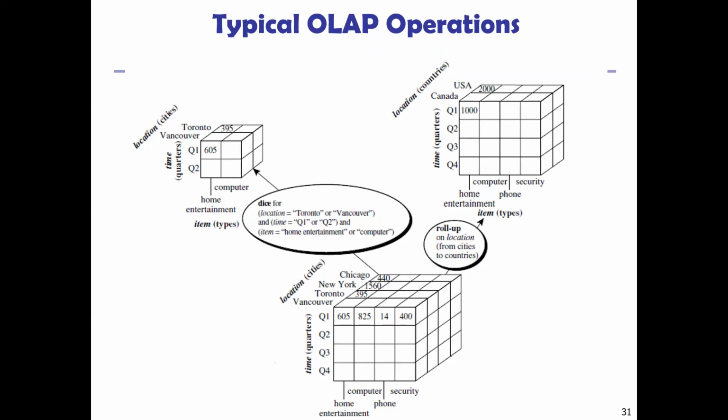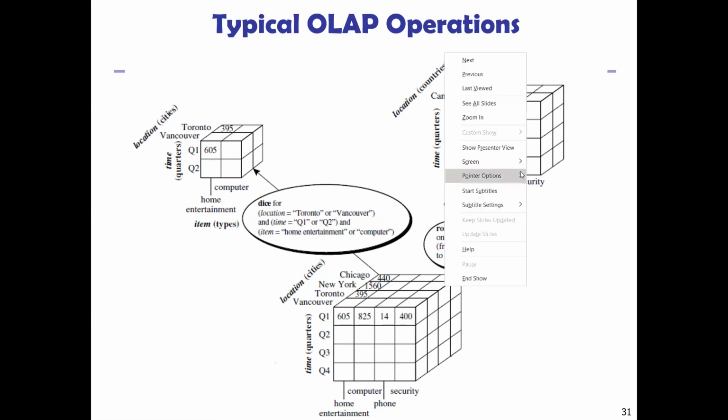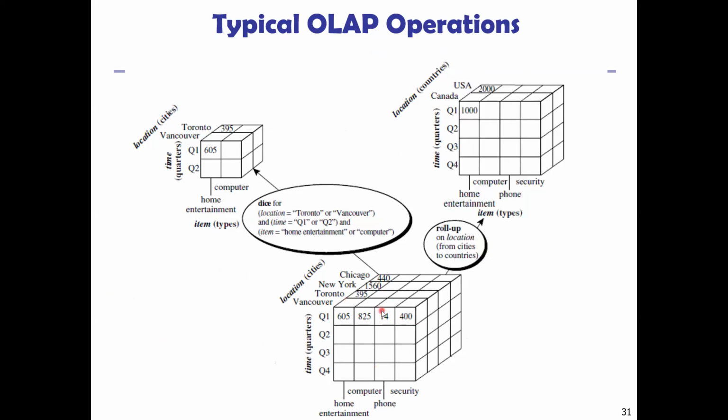First of all, the roll-up operation. If we look at the data cube here, this data cube consists of 3 dimensions: location, item, and time.